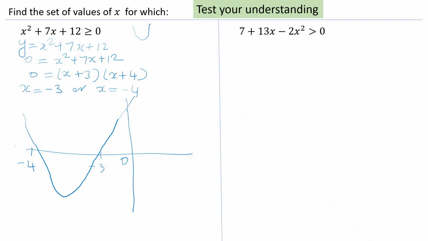This is the 12. So this graph is greater than or equal to 0, so above the x-axis, this part. Above the x-axis, y is positive. So the inequality is x less than or equal to minus 4 or x greater than or equal to minus 3.